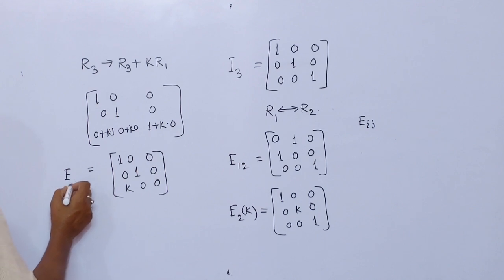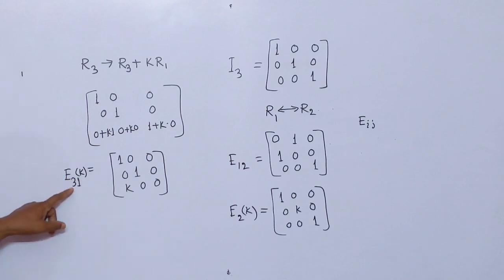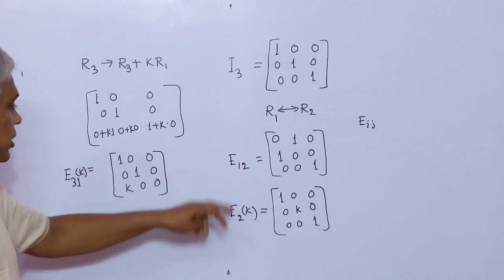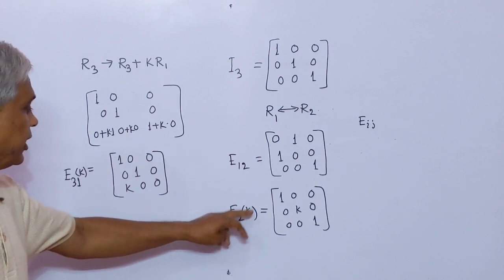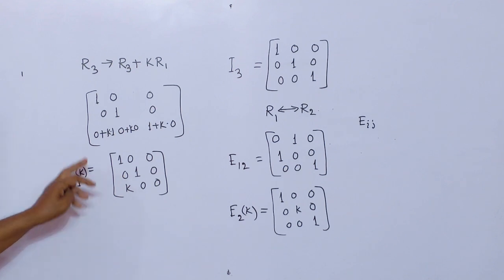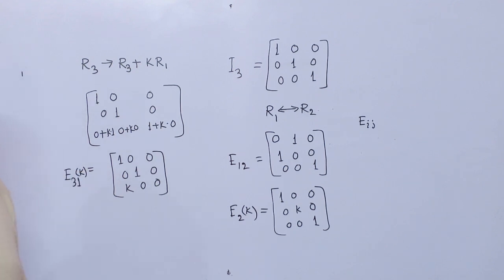This type of elementary matrix is known as E31(k), which means we add to the elements of the third row k multiply the elements of the first row. Here E12, E2(k), E31(k) are all known as elementary matrices.